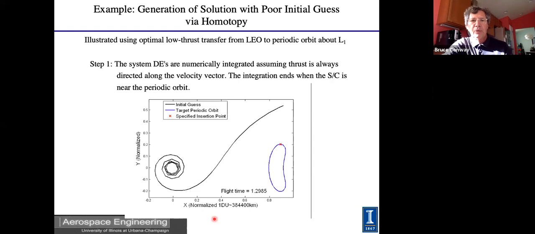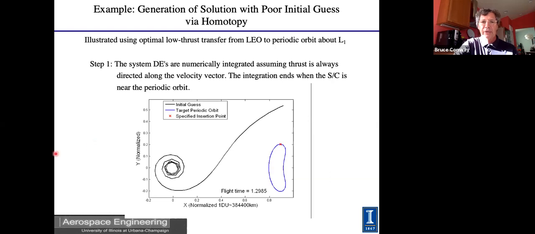But let's suppose that we want to use low thrust to go from low Earth orbit and enter and then remain in a Lyapunov orbit, which is a 2D halo orbit, centered on the interior Lagrange point in the Earth-Moon system. Okay, so, but we have no idea what a good initial guess for that trajectory is.